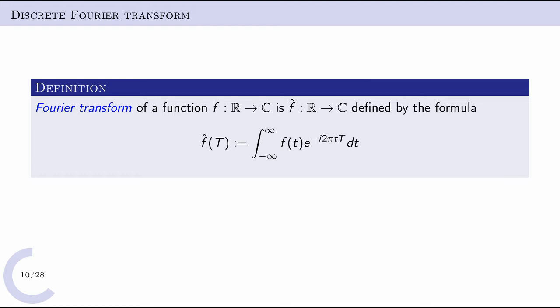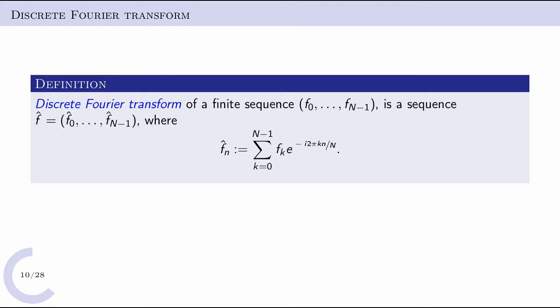We just convert this formula that you see on the screen from the language of functions, from the continuous language, to the discrete language, to the language of sequences. So as I said, we change the integral to a sum. So in place of a function defined on real numbers, we have a finite sequence of, let's say, real numbers.